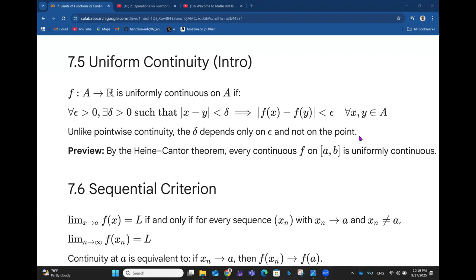So for pointwise continuity, delta does not depend only on epsilon.